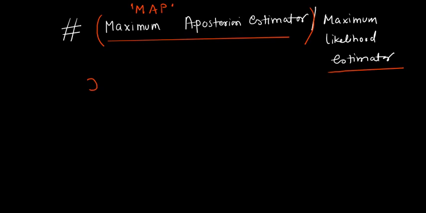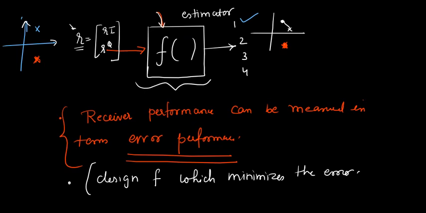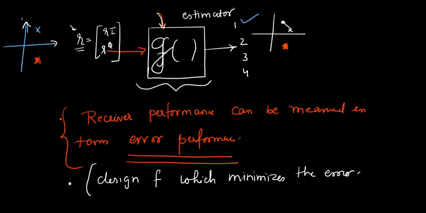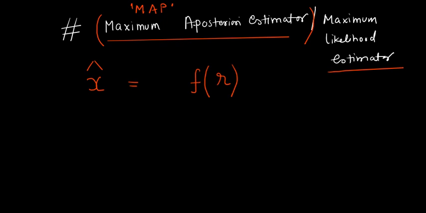So you have observed R, and now your aim is to tell me what was transmitted, the X hat. Let's not denote it by F, let's denote it by G, because F we have used for PDF, right?